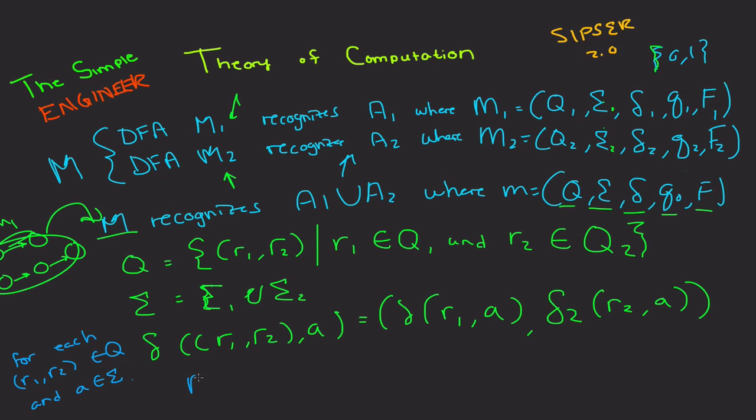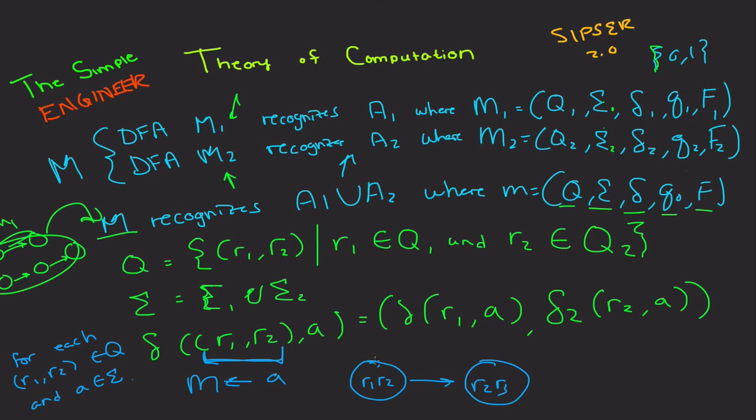So M, this DFA, reads in some input symbol A, right? And it's from this state here. Remember, this is R1 comma R2 because the states are represented as pairs. So this would be like R1, R2, and this would be going to like R2, R3.